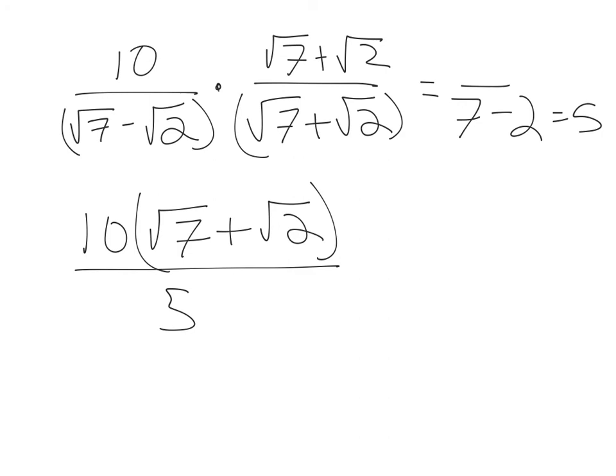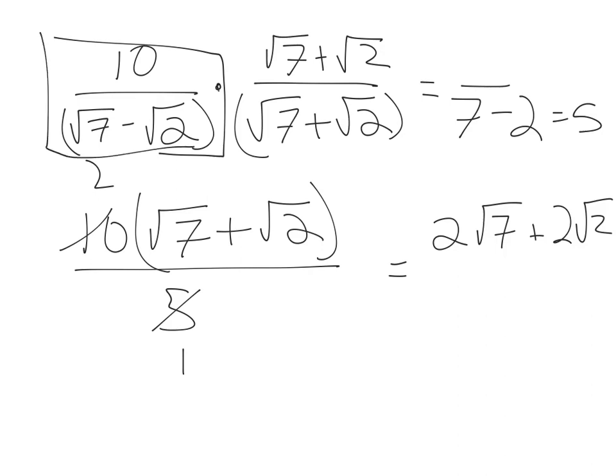And we can simplify this because 10 and 5 cancel each other out. This is a 2, this is a 1. So now we have 2, and if we do the distributive property, 2 root 7 plus 2 root 2. And that would be our final answer. And that's preferable to what we started off with, because what we started off with had radicals in the denominator, and we don't want radicals in the denominator.